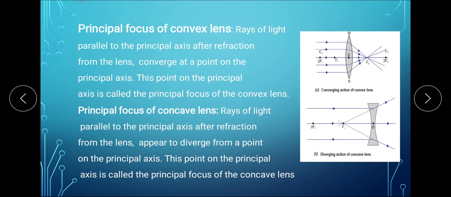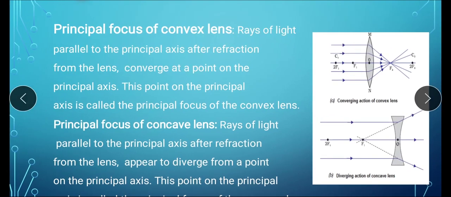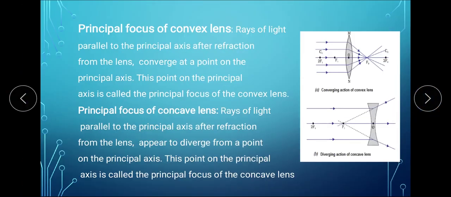Now we will talk about principal focus. As I have told you, a convex lens is a converging lens. So all parallel rays of incident light after refraction will converge or meet at a point called focus. This point is the principal focus of the convex lens.